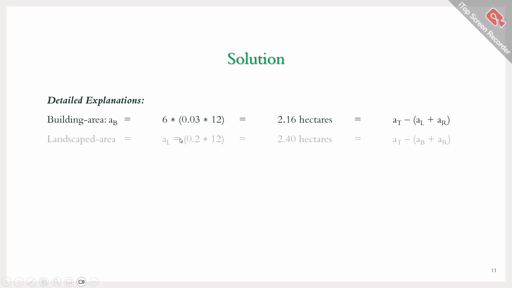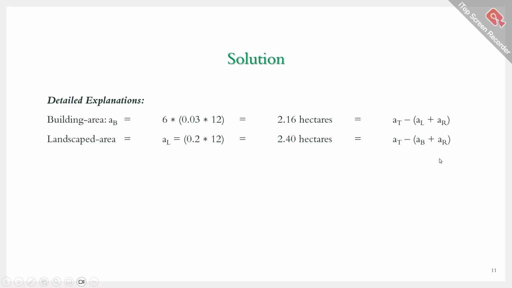Okay. Now landscape area, which is AL, that is 20% of the total area, that is 12 hectares. That means 2.4 hectares. And this landscape area AL again can be written as total area minus, under bracket, building area plus road area.